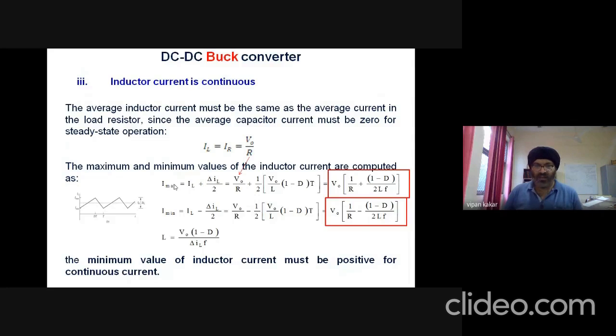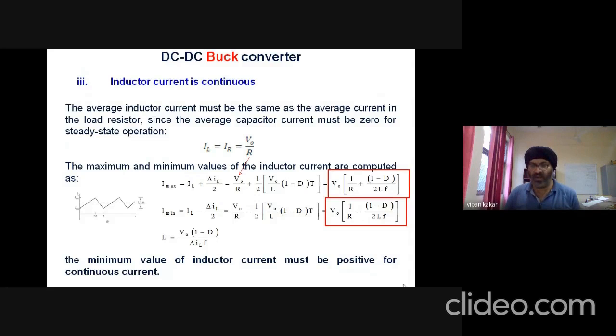So from here, we have already found out the value of I max, the value of I minimum, and the value of L. The minimum value of inductor current must be positive, because we never want to go to zero or negative.